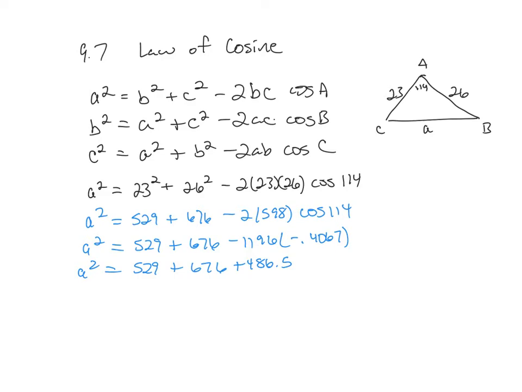Okay, so add them all together: 529 plus 676 plus 486.5, and I get 1691.5. And then I need to do the square root.